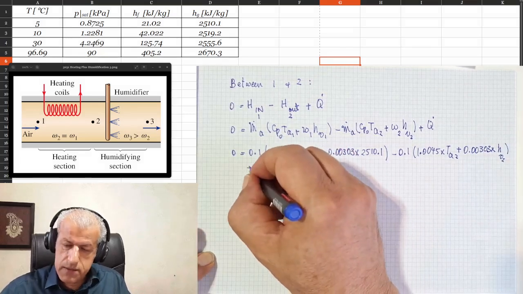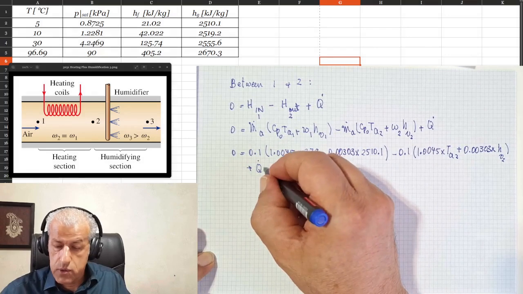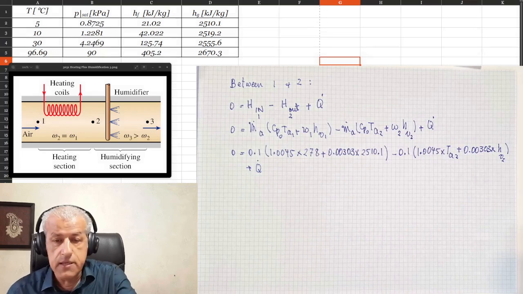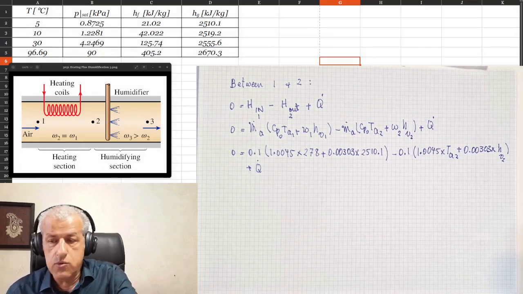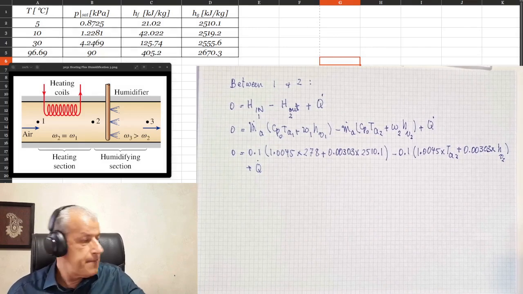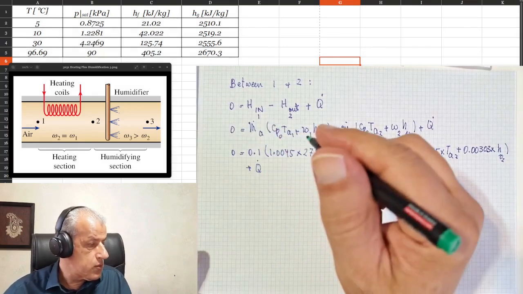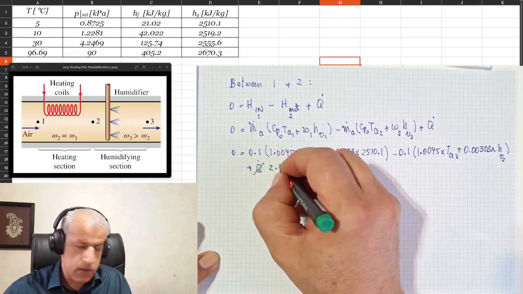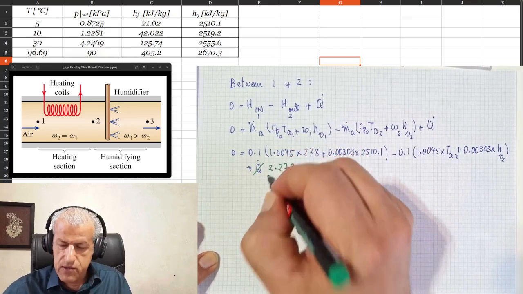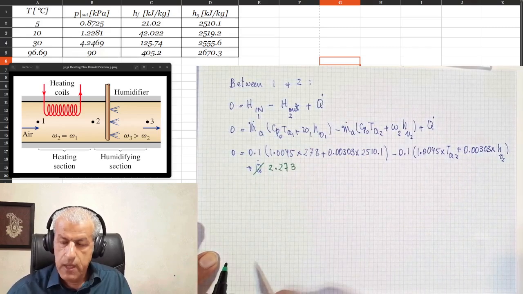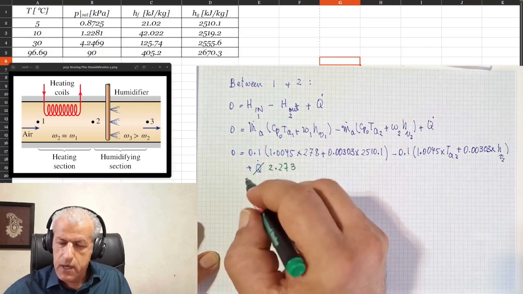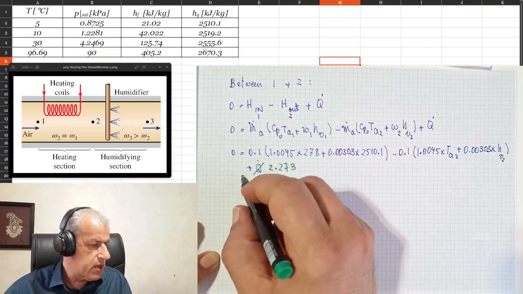And plus Q dot, which we have just calculated, and we know Q dot to be 2.273 kilowatts.